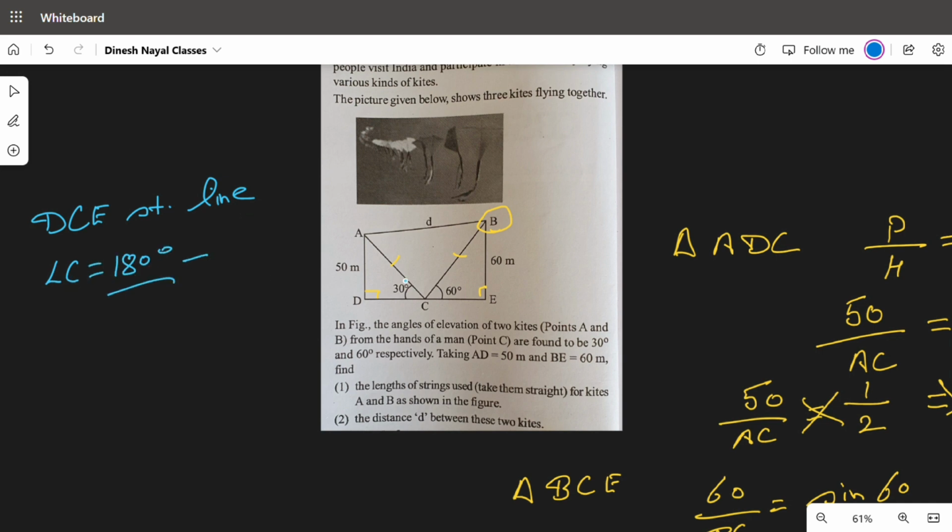Now, if you subtract these two angles, 30 degree and 60 degree, 30 plus 60 is 90. So 180 minus 90 will be 90. So this angle is 90 degree. Now again we can draw this triangle ACB, and this angle is 90 degree. So let's draw it over here.